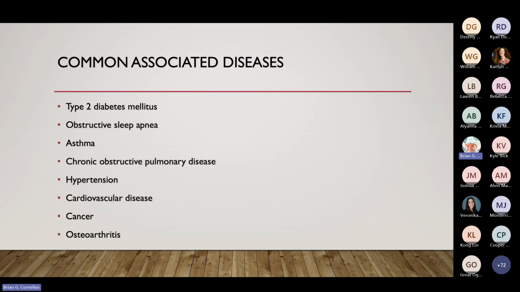Were they smoking, which led to the COPD, asthma, and then that contributed to their poor cardiovascular status and their diabetes, or which came first? Ultimately, you also tend to see an increased incidence of cancer in these patients, as well as osteoarthritis. The osteoarthritis is generally associated with just the increased wear and tear on their joints as a result of the high body habitus.